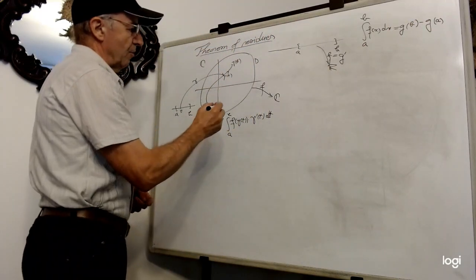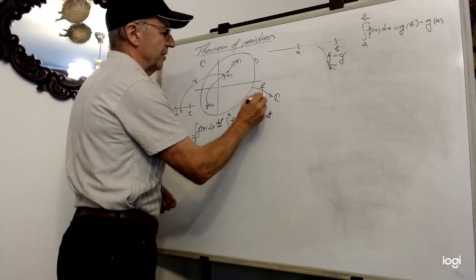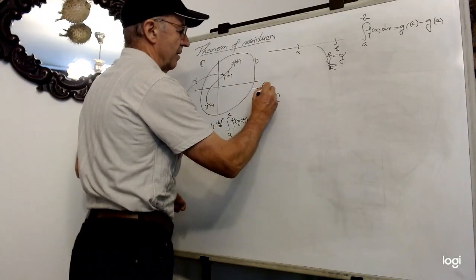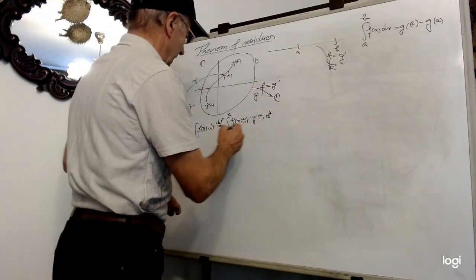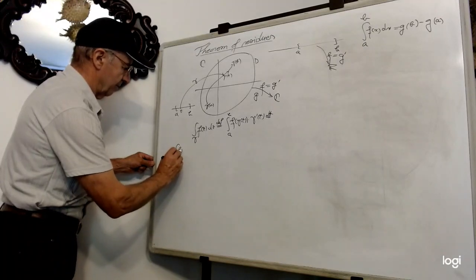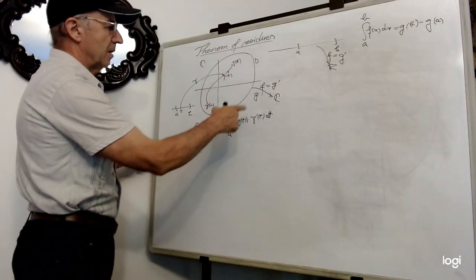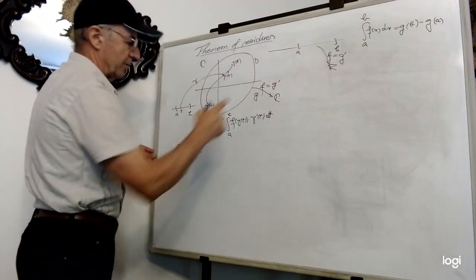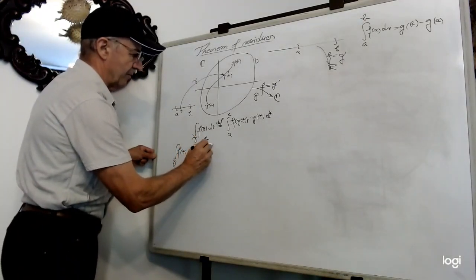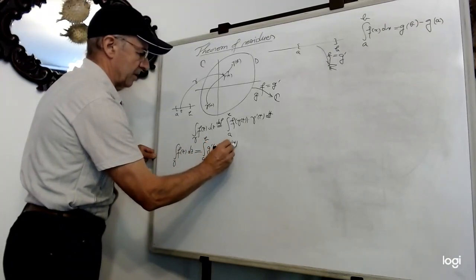In the case of the complex integral, if g is a primitive of f, that is f is g prime, then our integral along gamma of f of z dz, instead of f, we can put g prime: integral from a up to b of g prime of gamma of t times gamma prime of t dt.